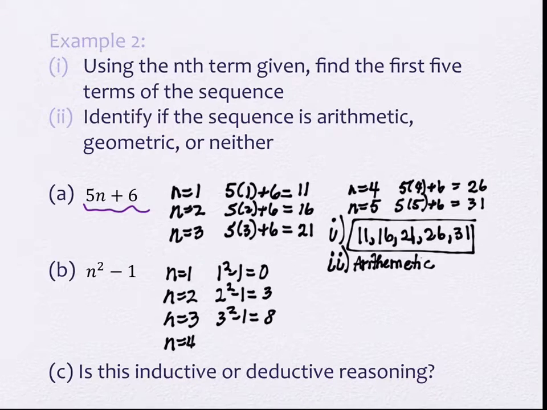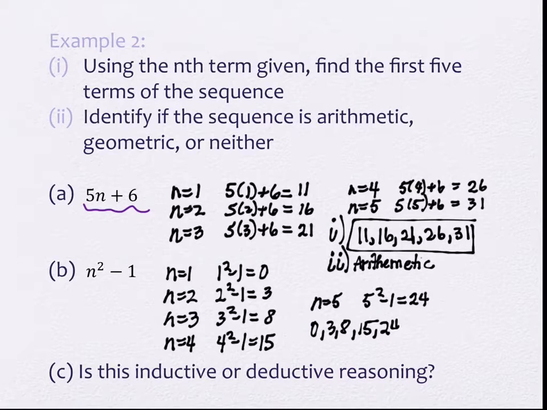N equal to 4, 4 squared minus 1, 15. I was supposed to say 15. N equal to 5, so 5 squared minus 1, 24. So I've got 0, 3, 8, 15, 24.